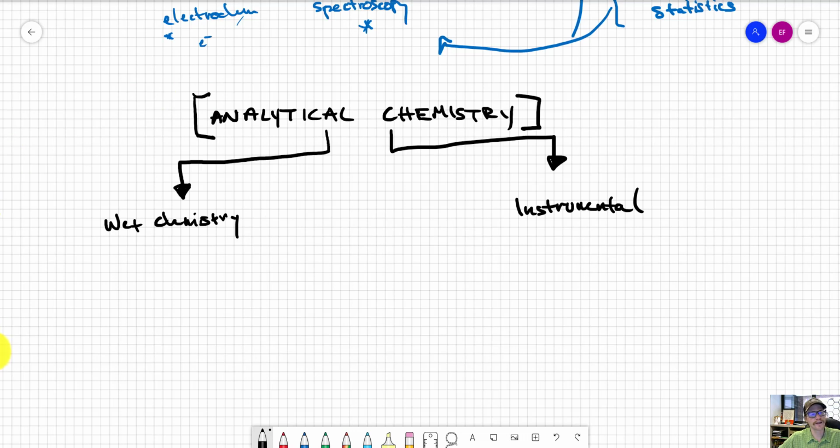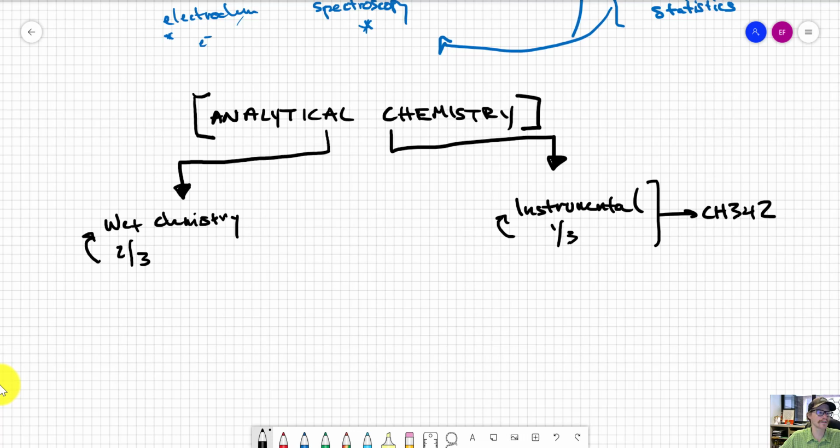We're going to talk about both, but we're going to focus the first 2/3 of the course on wet chemical methods, and the last 1/3 of the course on instrumental. If you're interested, I highly recommend going on to take Chem 342, which is Introduction to Instrumental Methods. This class will serve as a springboard to Chem 342, but there's an entire course, and honestly should be multiple courses, to get you more versed in instrumental techniques.